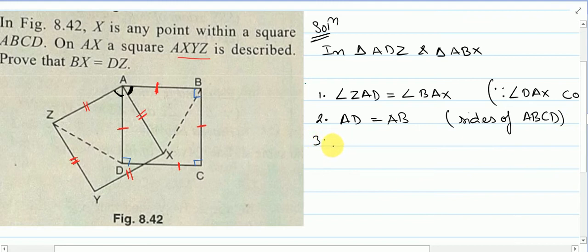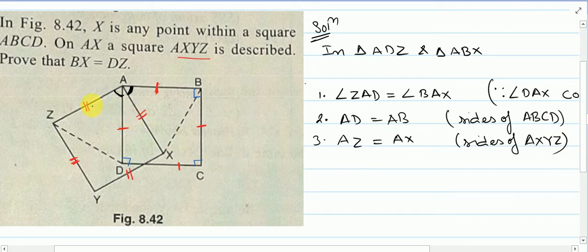And third, AZ is equal to AX. Reason is sides of AXYZ.